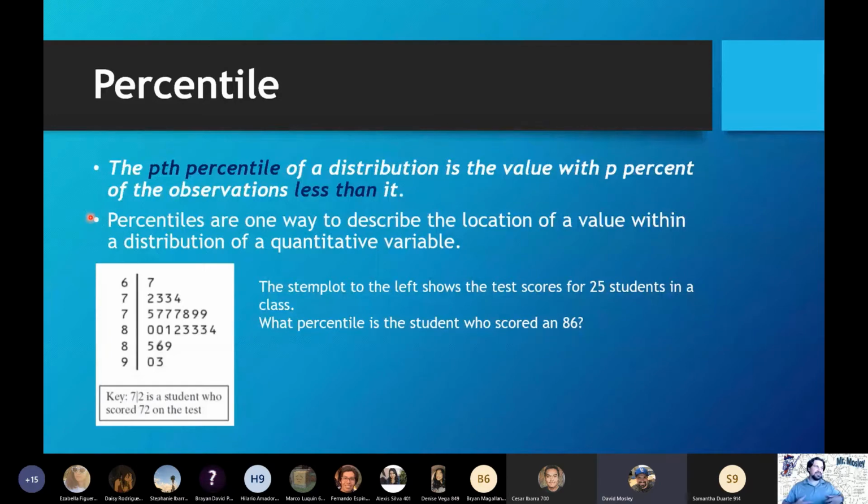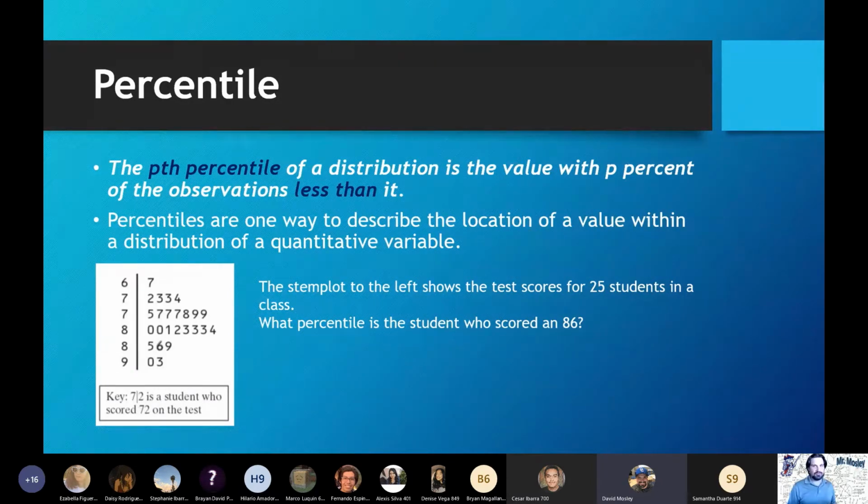So if I am at the 25th percentile of a distribution, that means that 25% of the observations have a value less than me. If I'm at the 75th percentile, 75% of the values are less than me. So a percentile tells you what percentage of your observations are less than that.